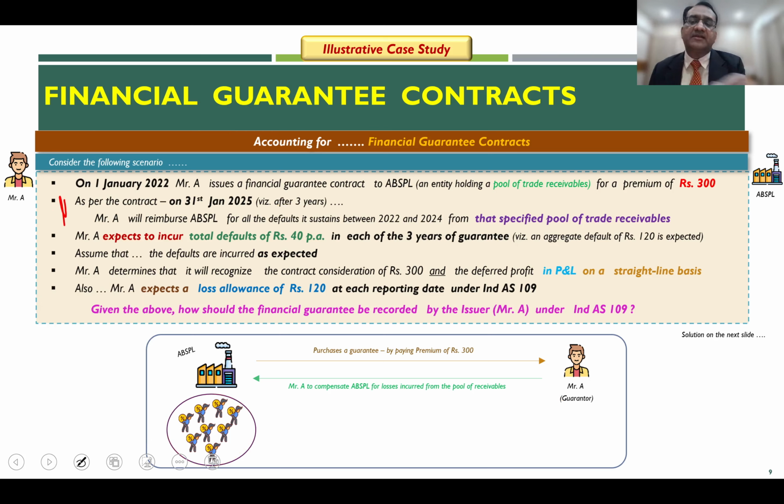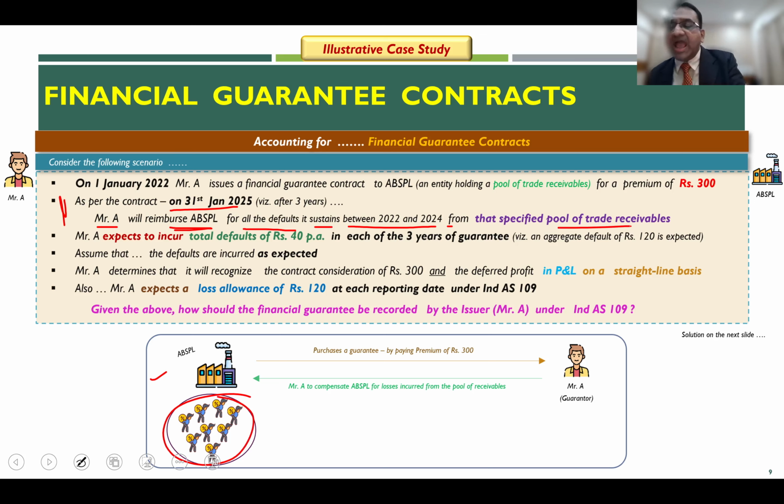So if you look at the second point, it says: as per the contract, as on 31st of January 2025, which is 3 years roughly from the date of the issue of the guarantee, Mr. A, the guarantor, will reimburse ABSPL for all the defaults which ABSPL sustains during 22 to 24 from this specified pool of trade debtors.